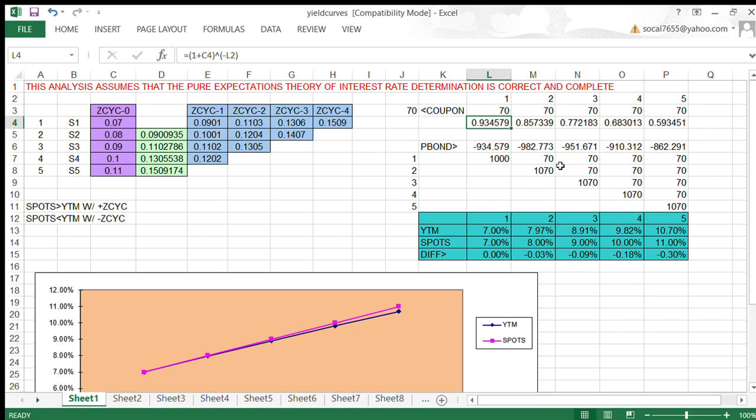And you can see that, again, that's the L4 value. Multiply that by L3, which is the 70, so it's basically saying it's 70 times its present value interest factor, plus M4 is the next payment, which is the 70 at date 2, times M3, and M3 is what? Well, for a date 2 cash flow, we should be discounting at C5, which is the 2-period spot rate.